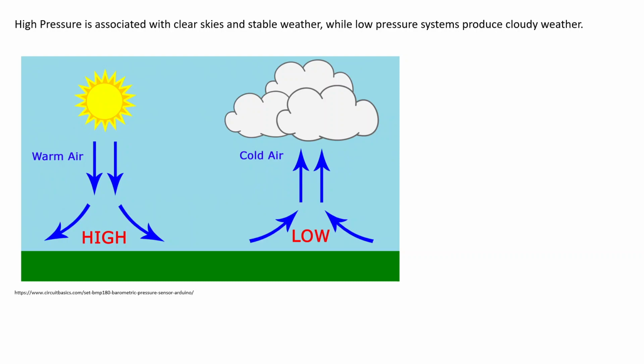Now, it is very commonly seen that the places which have high pressure are associated with clear skies. So remember that high pressure is associated with clear skies and stable weather, while low pressure systems produce cloudy weather. Why does this happen? If you see over here, the air in the upper atmosphere starts to sink. Now we know that at height the air molecules are far away from each other.